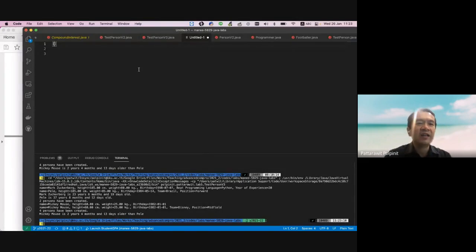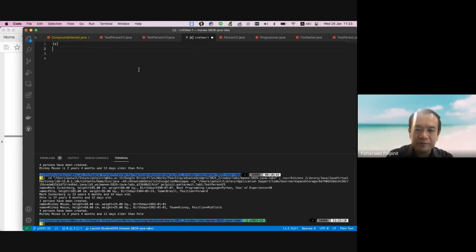So let's say that ceiling of x is defined as the minimum, or the smallest, integer number that is greater than or equal to x.